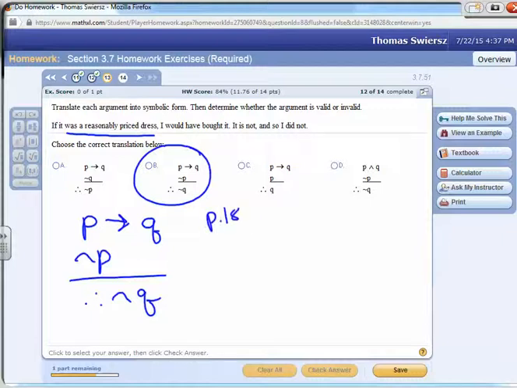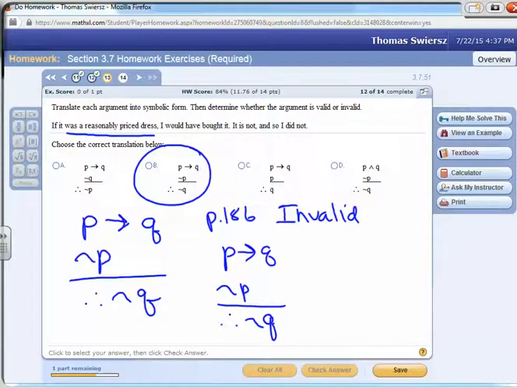On page 186, one of the invalid argument standard forms is if you've got if P then Q and you've got the negation of P, you can't conclude the negation of Q. This is invalid.